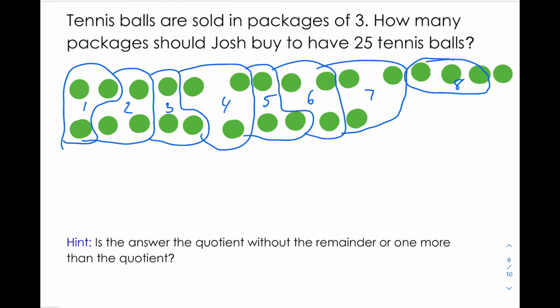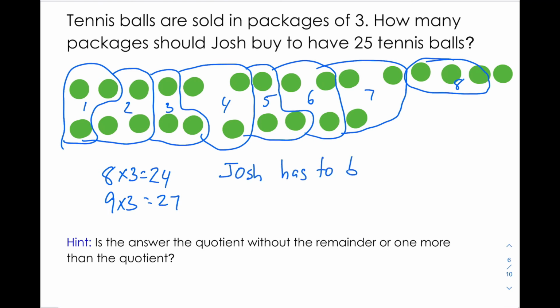Now he has to get 25. If he buys 8, we know that 8 times 3 is 24. So does he have 25 tennis balls with 8 packages? No. So that means he has to buy a 9th package. And 9 times 3 is equal to 27. So Josh has to buy 9 packages.